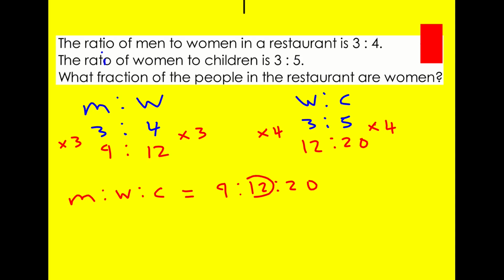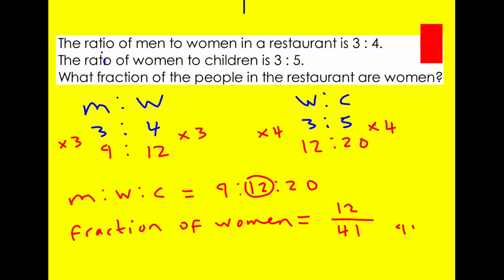Well, we've got 12 parts women. And then we divide by the total number of parts, 41. Okay, that was just 9 plus 12 plus 20. And there we have it.